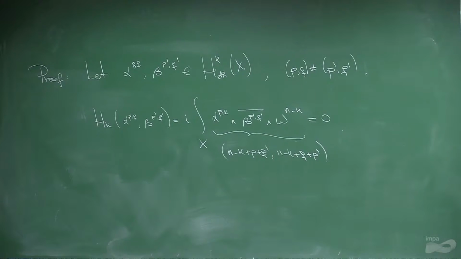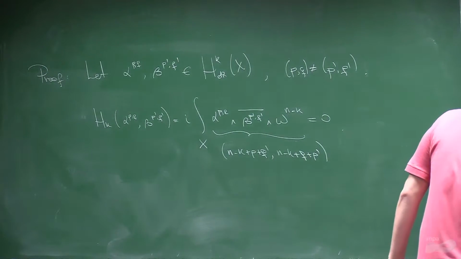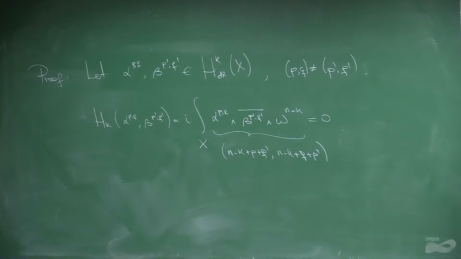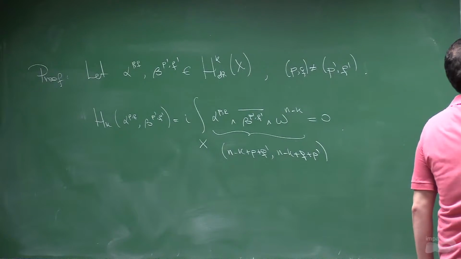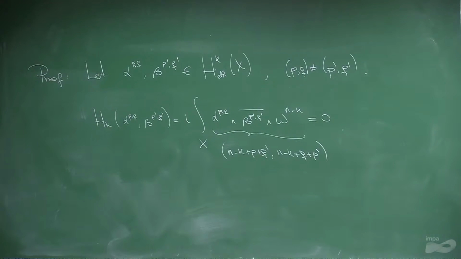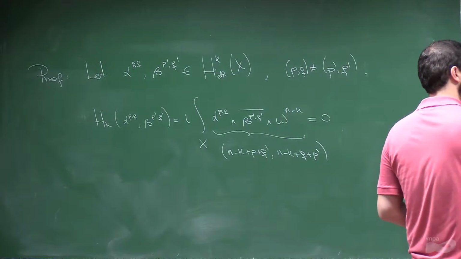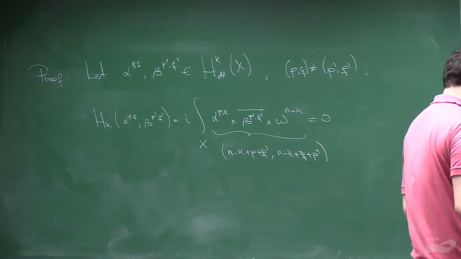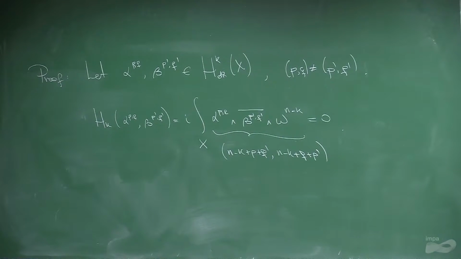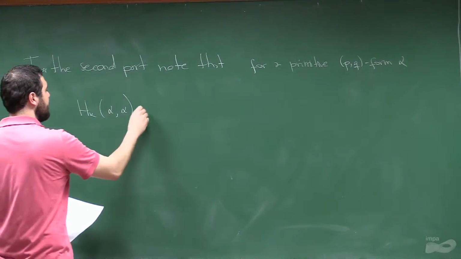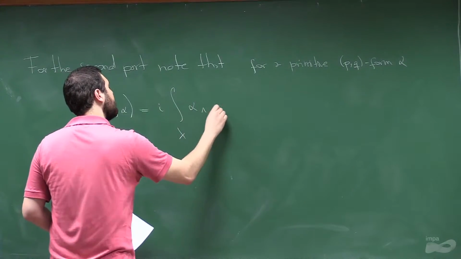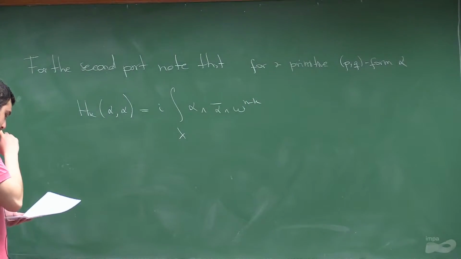Okay, and for the second part, we have to use this proposition that I stated before. For the second part, note that h_k of alpha for a primitive (p,q) form alpha, we will have that h_k of alpha is equal to i times the integral over X of alpha wedge alpha bar wedge omega to the n minus k, right?